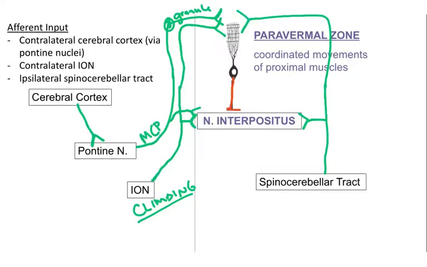So as you can see, this zone is receiving information from the cerebral cortex, so it's coordinating voluntary movements of the proximal muscles. So we have afferent info from the contralateral cerebral cortex, the contralateral inferior olivary nucleus, and the ipsilateral spinocerebellar pathways.